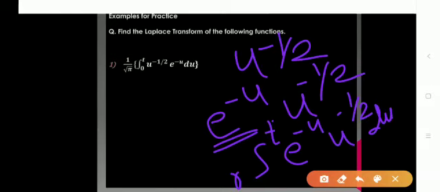Then whatever result you get for this Laplace transform, you have to multiply that result by 1 upon root pi. So you will get the final answer.